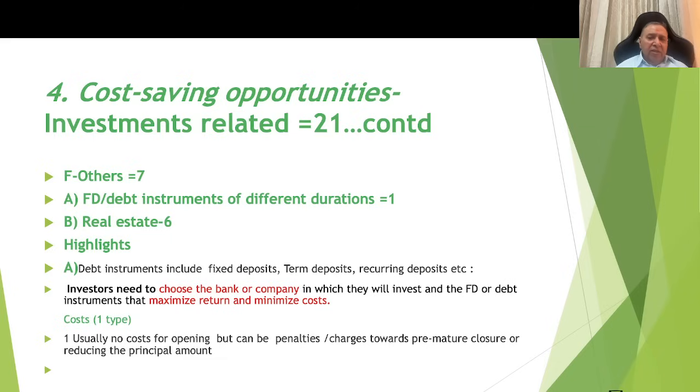Here, the investor needs to clearly choose the bank or the company in which they will invest and the FD or debt instrument rate that maximizes return and minimizes cost. In this case there are usually no costs, but there can be penalties or charges towards premature closure or reducing the principal amount.